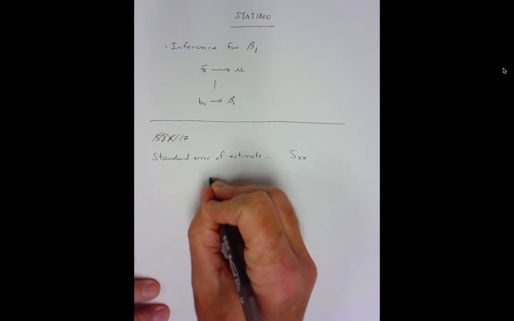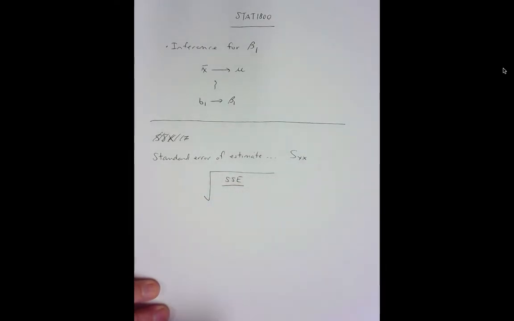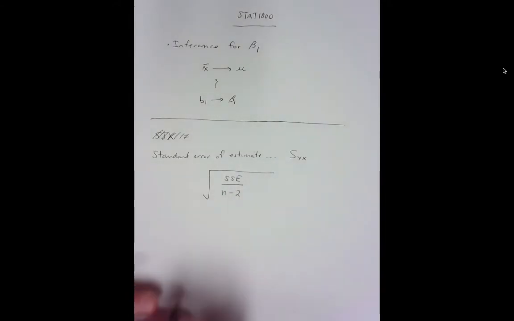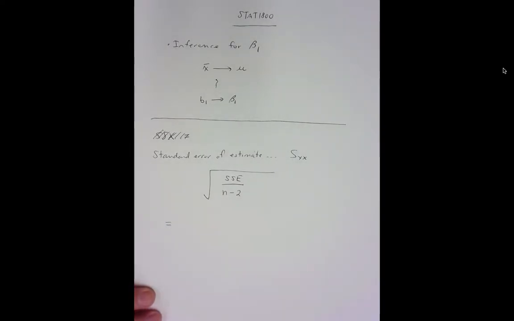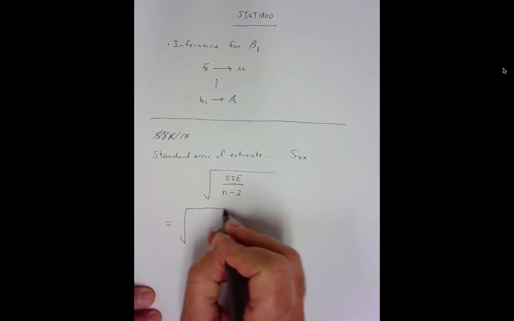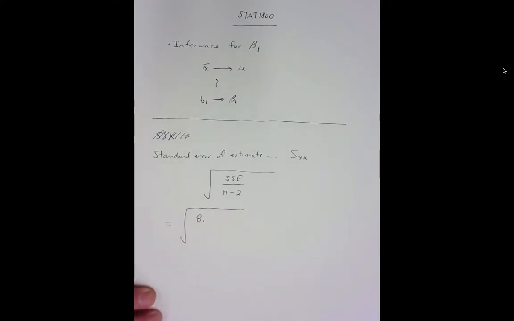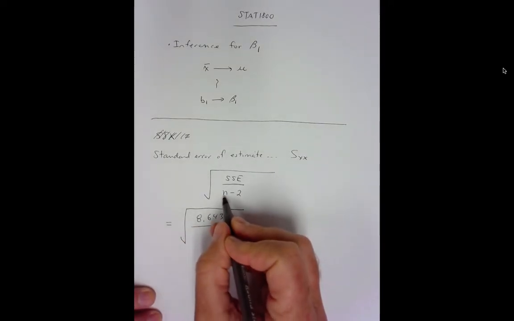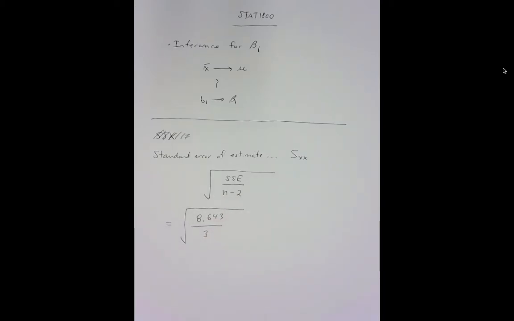I told you that the formula for this was to take the sum of squares for the error divided by n minus 2. And here's the way I illustrated it. Our sum of squares for the error was 8.643, and our sample size was 3, and 3 minus 2 is 3.